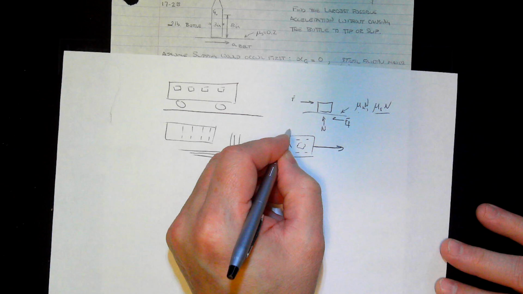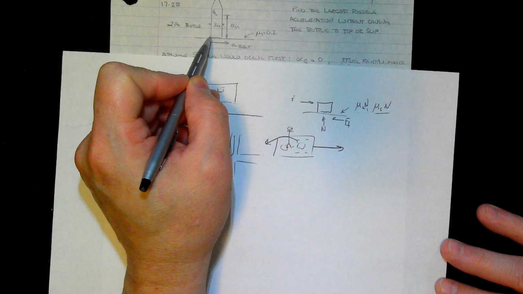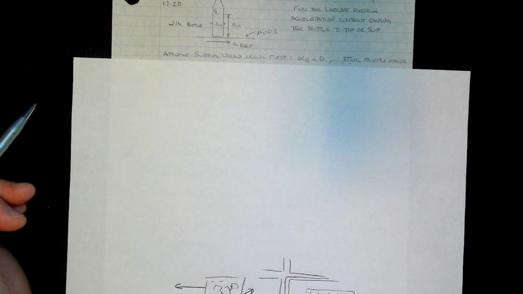The equal 0 part is missing here, so we'll just add that in. So we can solve for NA off of that. We were to find NA and NB, so we can solve for those right away.